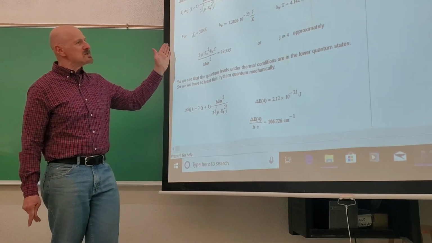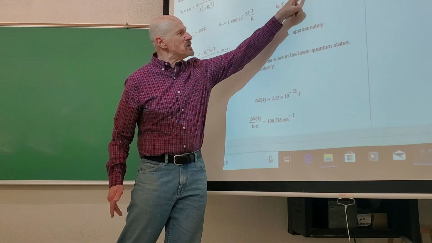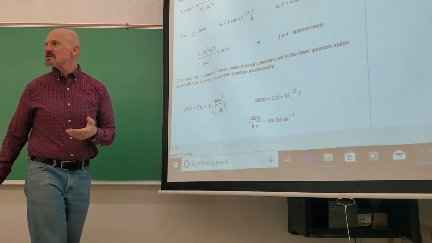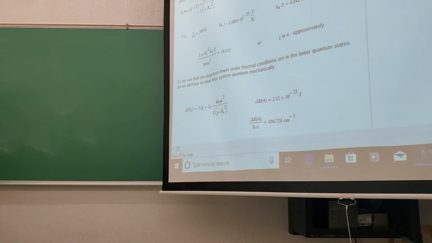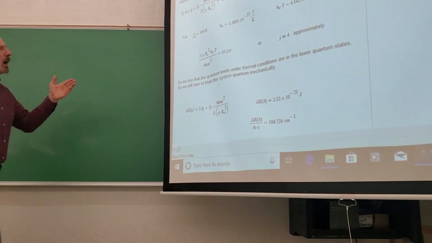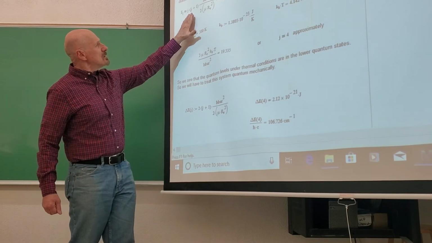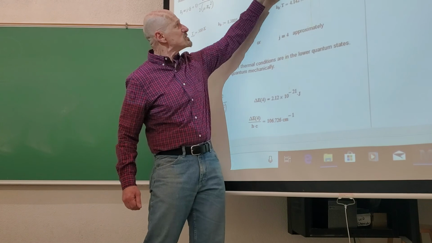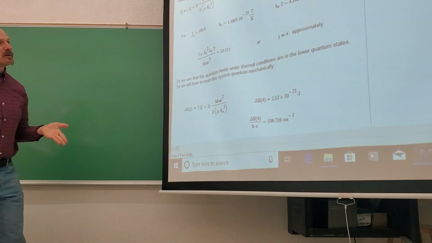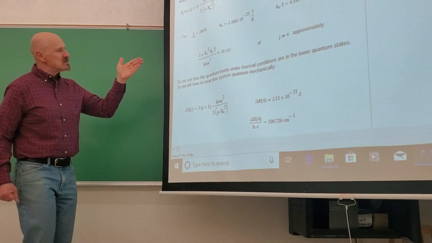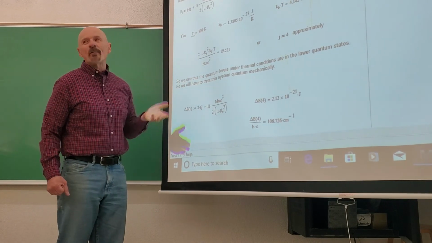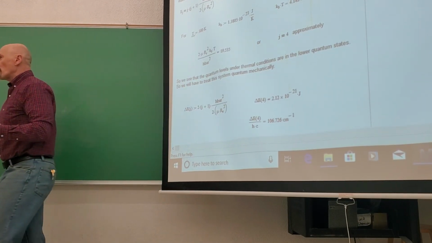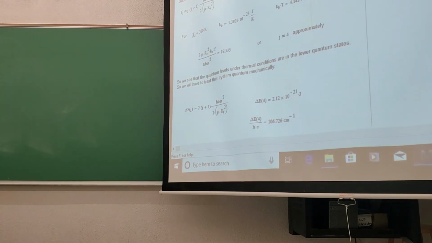So the average thermal energy in this room is about 4 times 10 to the minus 21st joules. That's about right. So taking this, solving for J times J plus 1, I just brought these terms all the way over, so there's a 2 mu r_e squared kT over h-bar squared. Produce that number, I get something on the order of about 20. So 4 times 4 plus 1 is 4 times 5 is 20.